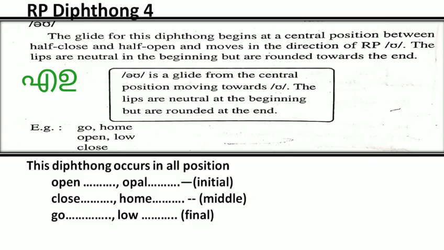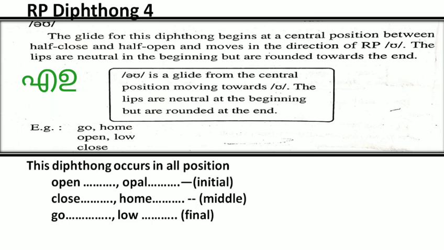Diphthong number 4, we are continuing. 4 and 5 are these vowel diagrams. The glide for this diphthong begins at a central position between half close and half open and moves in the direction of RP U. U is a pure vowel that we have discussed. The lips are neutral in the beginning but are rounded towards the end.